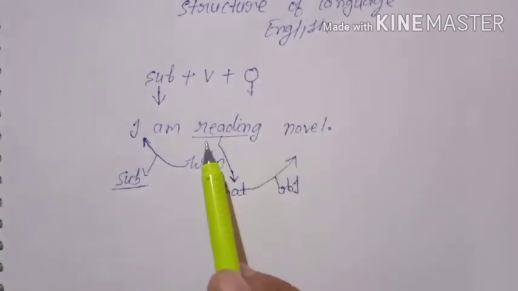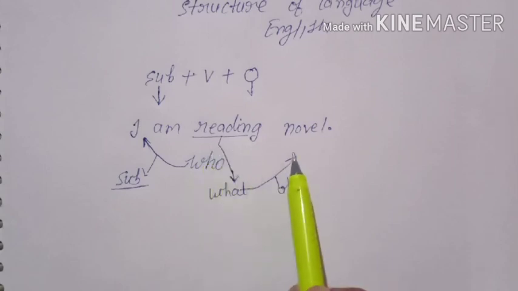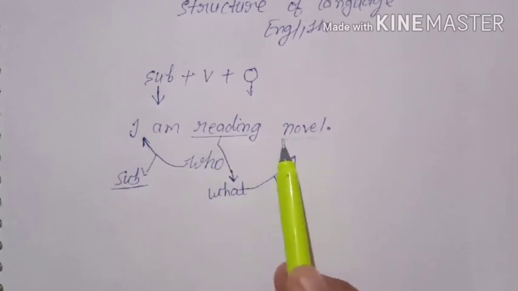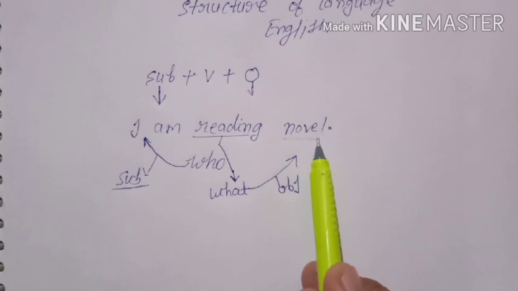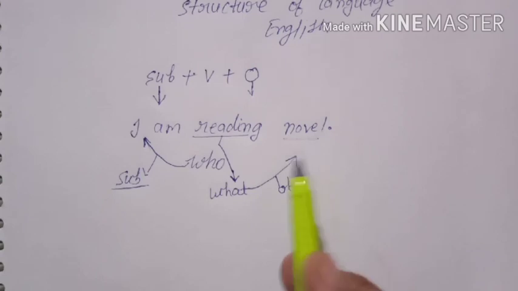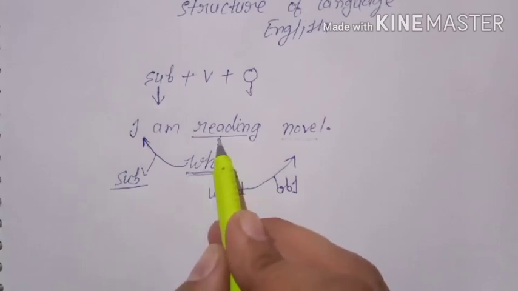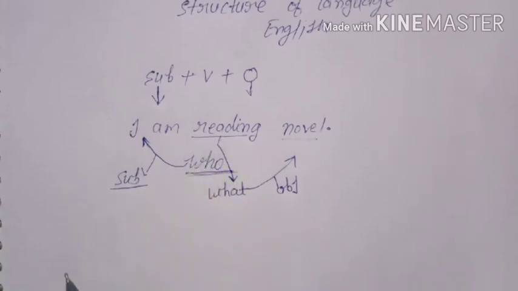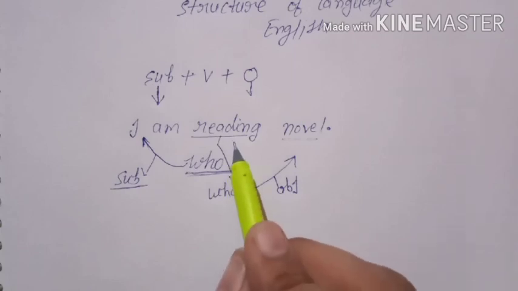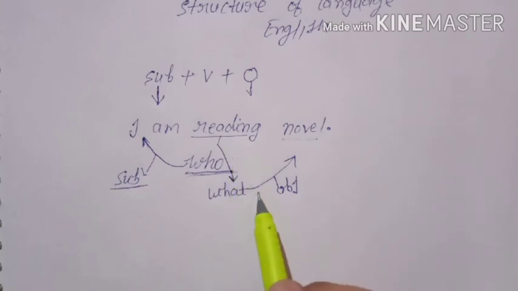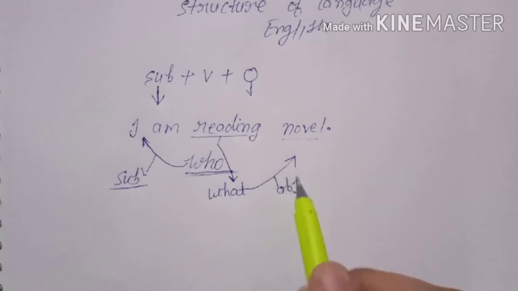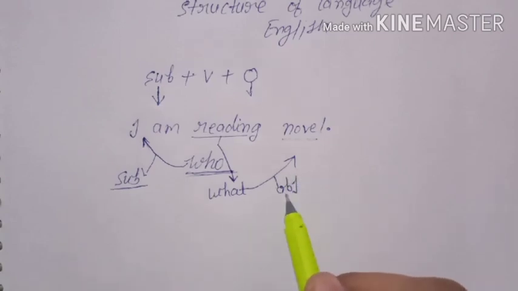If I am reading something, that thing is novel, that is object. The effect of my reading is on novel. And who is reading? I am reading. That means who is the question asked to the verb to find out the subject, and what is the question word asked to the verb for finding the object. Clear?